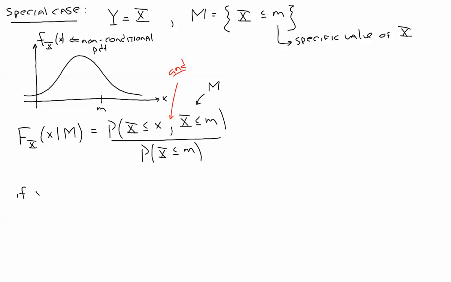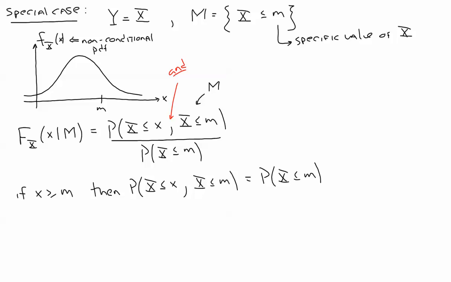If my variable little x is greater than or equal to m, then looking at the numerator, the probability that X is less than x and at the same time X is less than or equal to m is the probability that X is less than or equal to m.